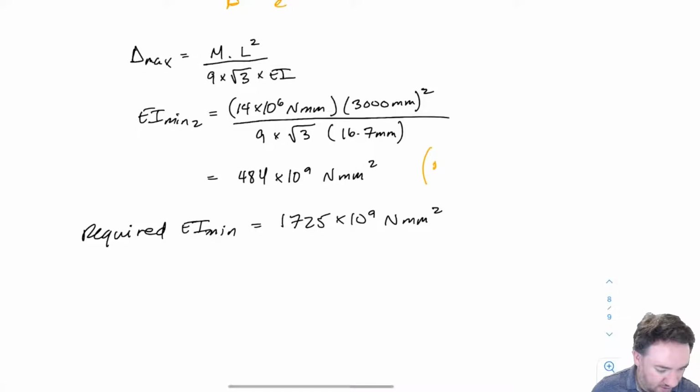If both of those were in the same direction and for the same load combination, then obviously I would need to add those EIs together. But as we saw, there is only one load combination that provides bending in this direction.